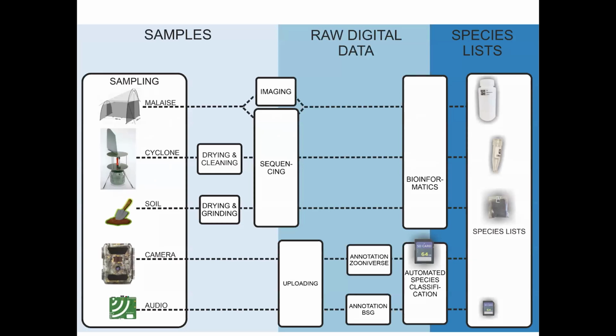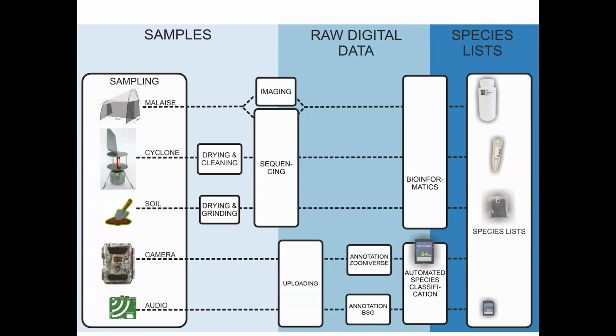After we get your samples and your data, we do quite a lot of stuff to it. So for the physical samples, there's all kinds of cleaning steps, and there's DNA sequencing. And after DNA sequencing, we perform bioinformatic analysis, and then we get to species lists. And for the physical samples, we are currently getting species lists on all of these.